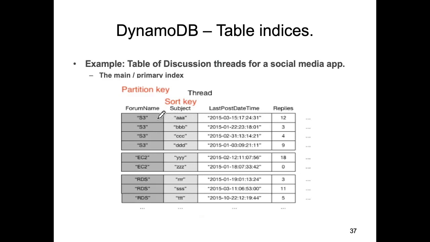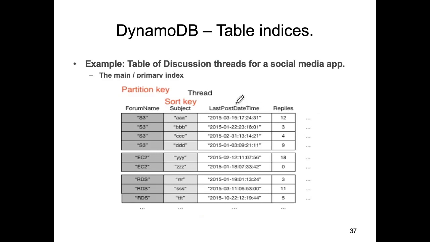So that combination then of subject name and forum name, that is the primary key for this table. And there are some other attributes as well.